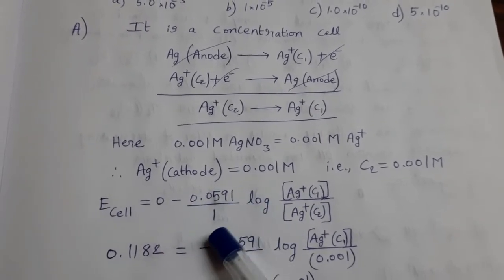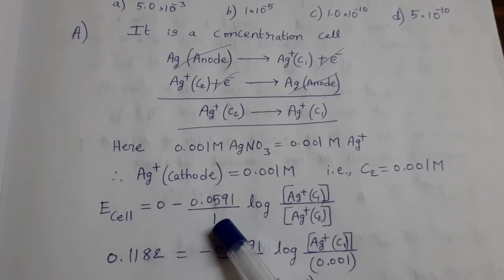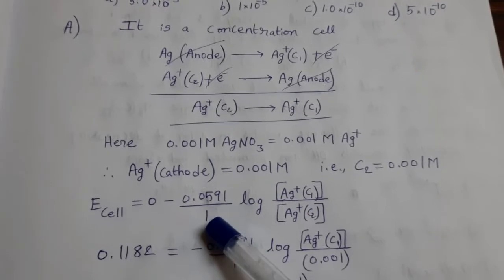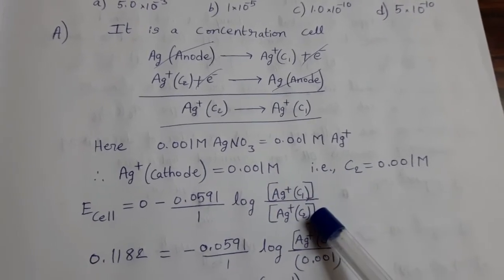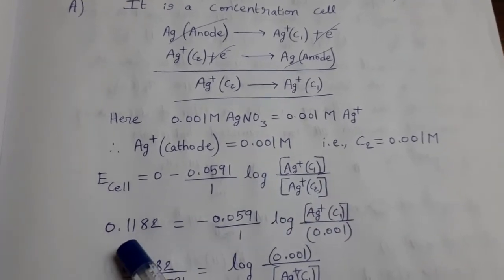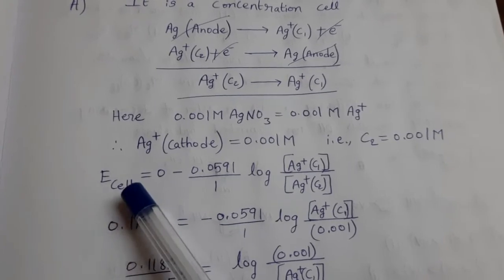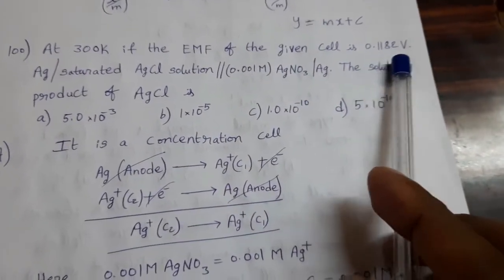E cell, electrode potential of this cell, equal to 0 minus 0.0591 by n. Here the number of electrons involved in the redox reaction is 1. So n value equal to 1. Log of cation concentration divided by anion concentration. This E cell value is given in the question, 0.1182.